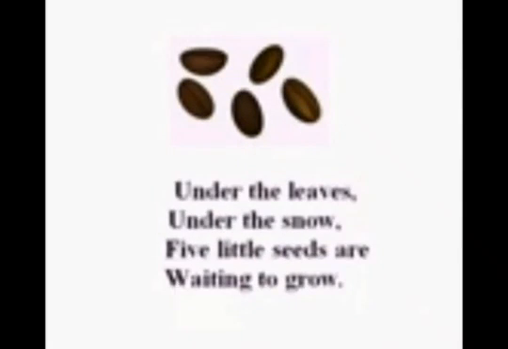Under the leaves, under the snow, five little seeds are waiting to grow. Here the poetess is saying whether the seeds are going to make flowers or whether they are going to make weeds. But under the leaves and under the snow, all the five little seeds are waiting to grow.